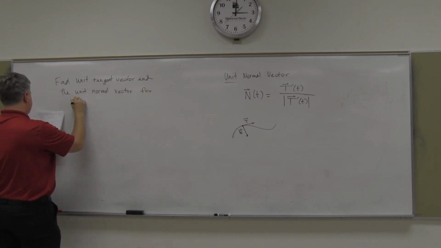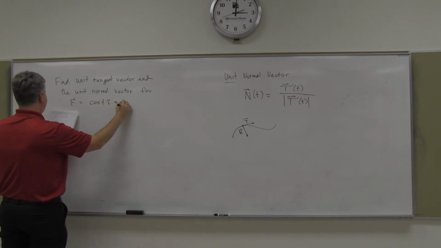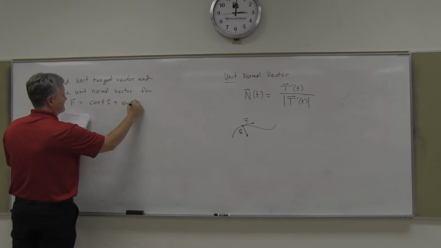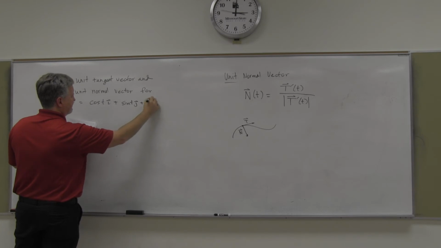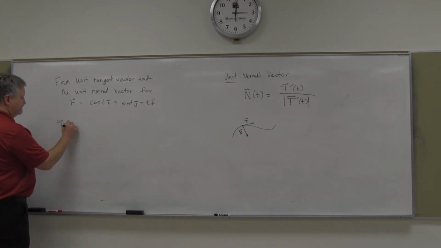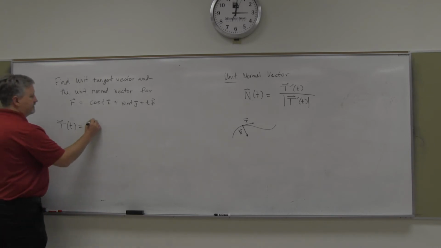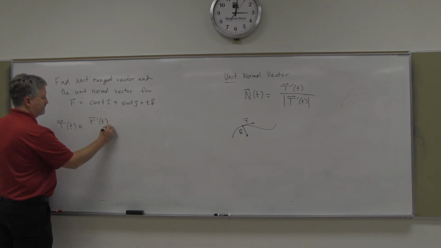R of t equals our old friend cosine t i plus sine t j plus t k. We've used that one quite a lot, but I don't think yet we've found the unit tangent vector for it. The way you find it is you take the derivative vector divided by its magnitude.